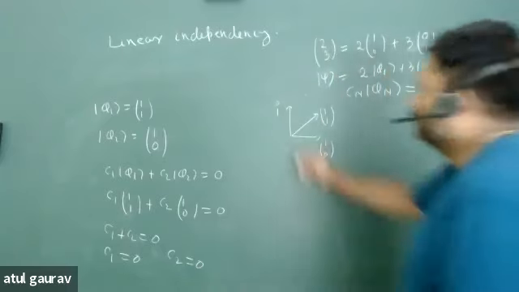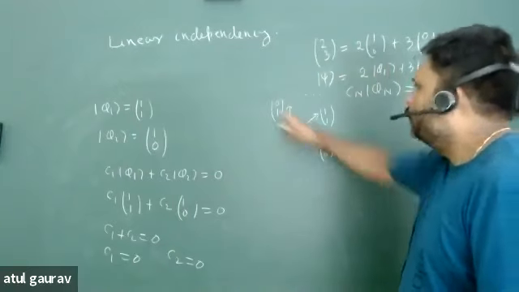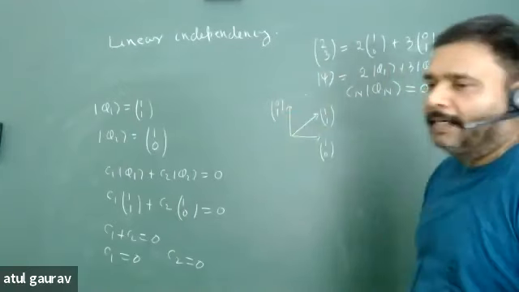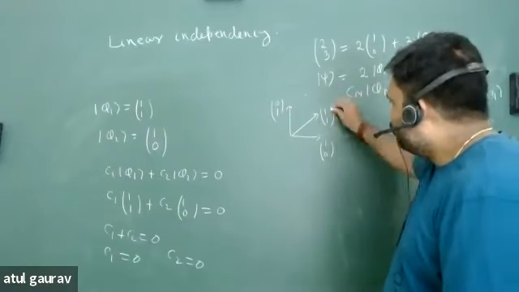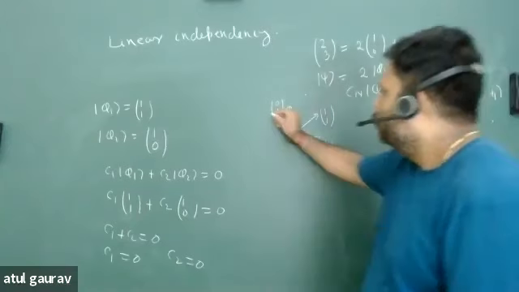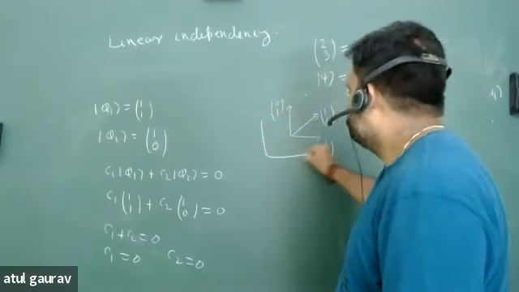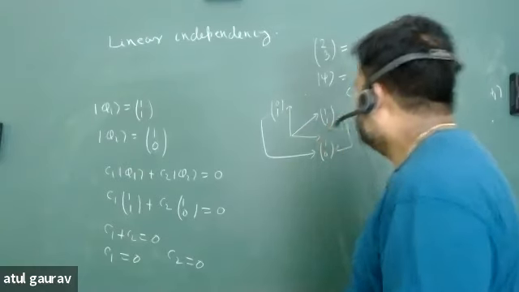So you can find 1 0 and 0 1 are linearly independent, and 1 1 and 1 0 are also linearly independent. But you can find these two vectors are orthogonal, but these two vectors are not orthogonal.